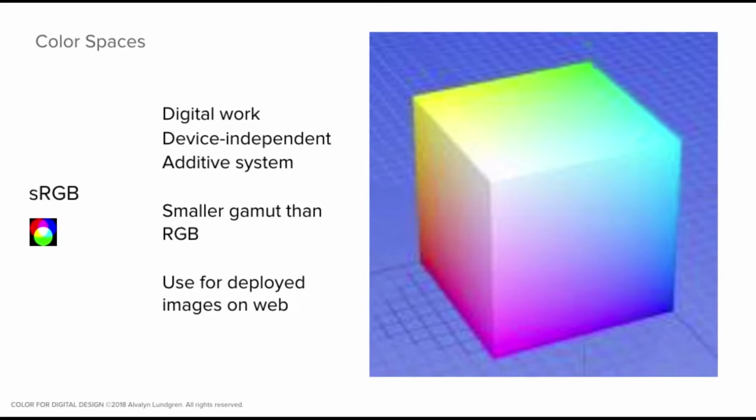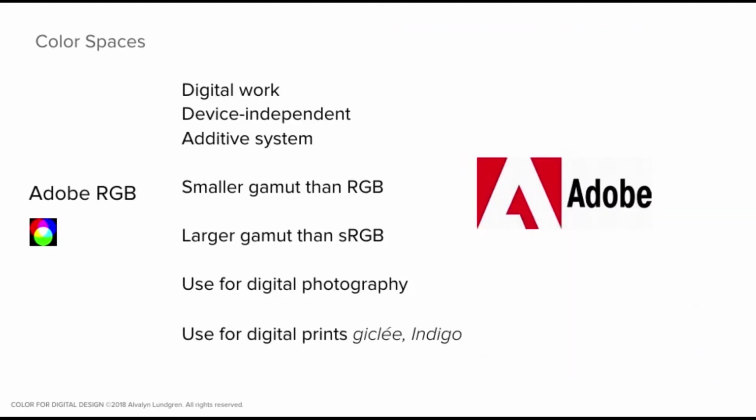You don't want to use sRGB for anything that's not deployed on the web. You don't want to use sRGB, say, for a projected slide deck presentation. You want to use RGB. Adobe RGB is larger than sRGB in terms of the amount of colors.